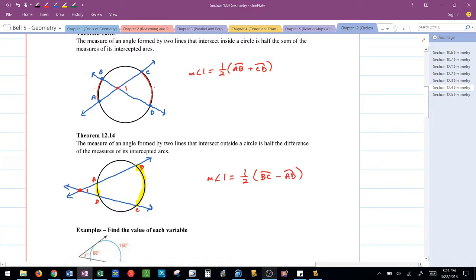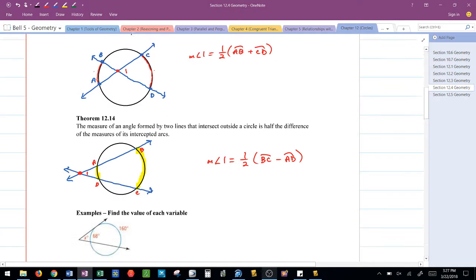Option 3, vertex inside, half the sum of the intercepted arcs. Vertex outside, half the difference of the intercepted arcs. You really have to train your brain to think about that. If it gets too confusing, come and see me and I'll give you another way that's a little bit more visual that I can't quite do on the video.